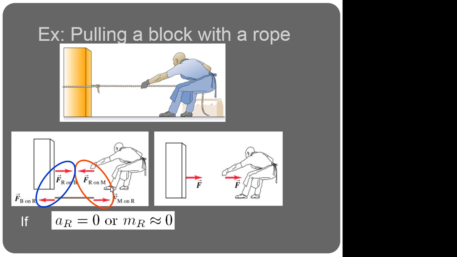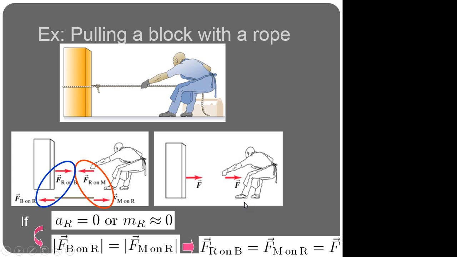If the acceleration of the rope is 0 or the mass of the rope is approximately 0, the force of the man on the rope will be equal to the force of the block on the rope. These two must be equal.